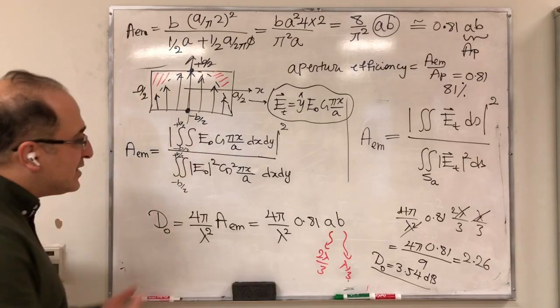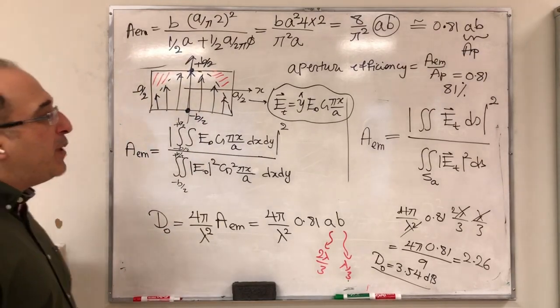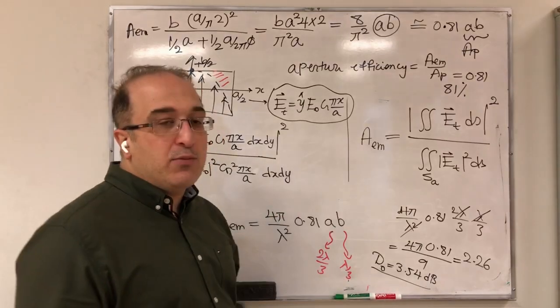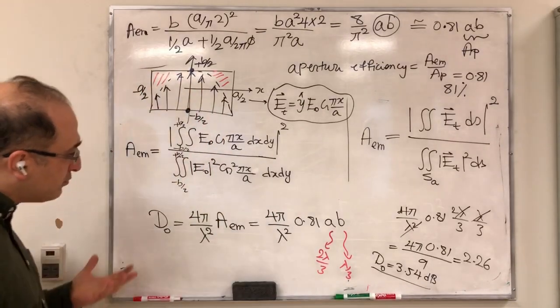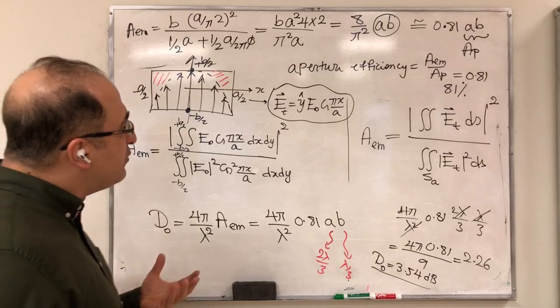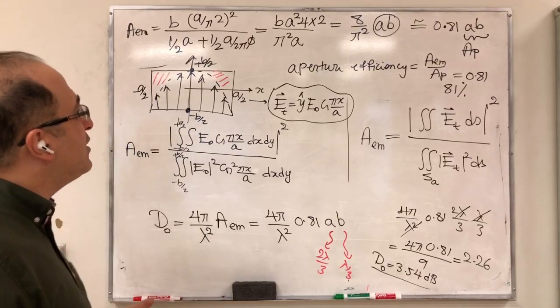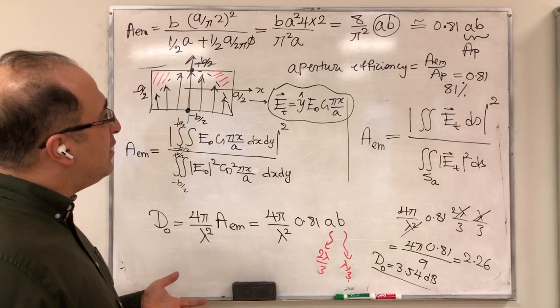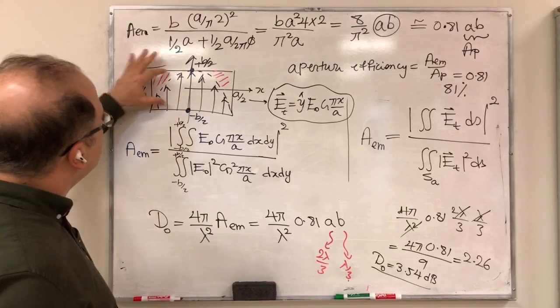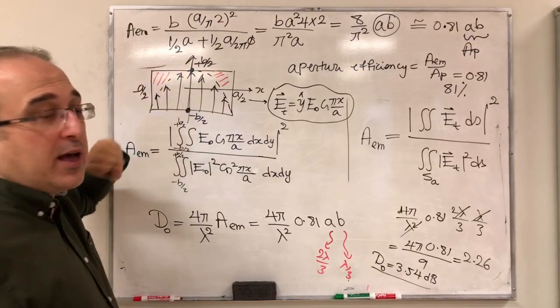Now, with this insight that we have, maybe we can go for the maximum effective aperture. And if I ask you what would be the maximum effective aperture in this case, then you might say, okay, maybe we need to use the whole physical aperture here.